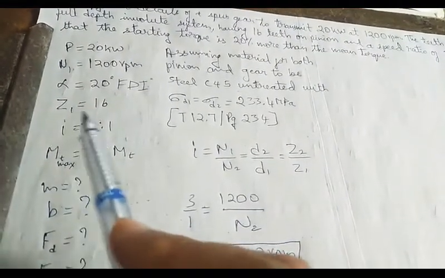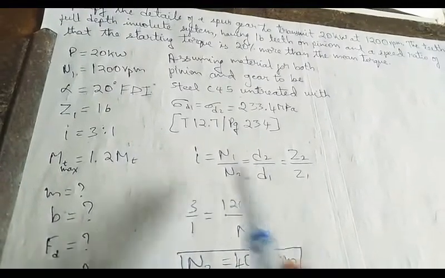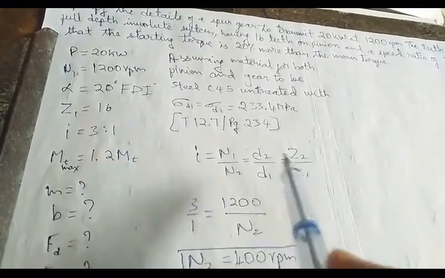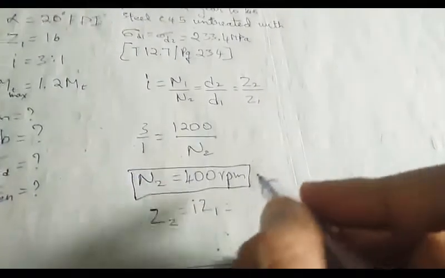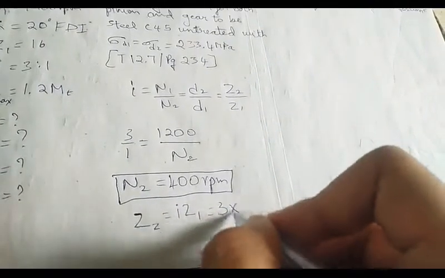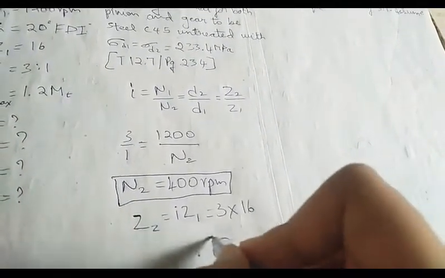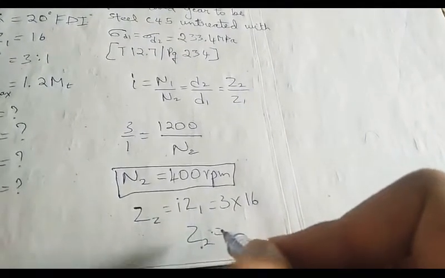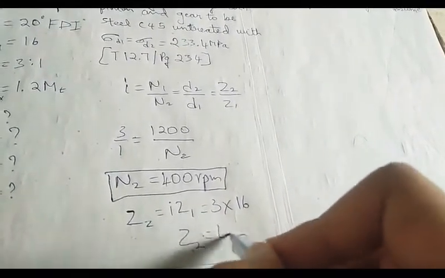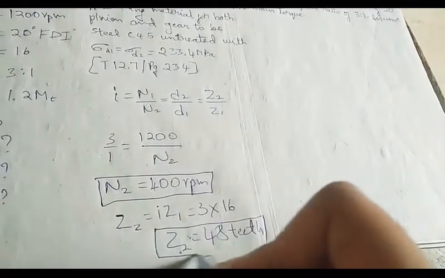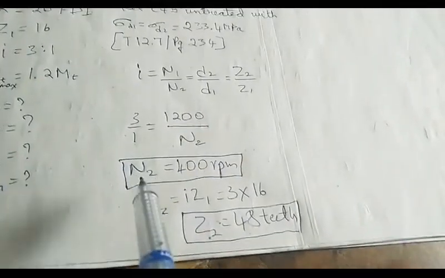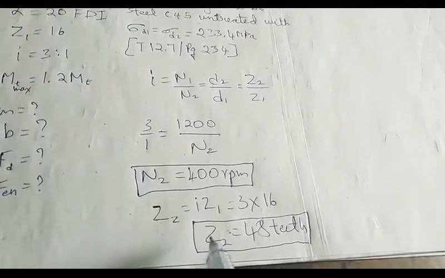They are given the value of z1, so with gear ratio 3 into 16, we will get the value of z2. We have found out the speed of gear, the number of teeth on gear, and we have assumed material. So now we shall find the weaker member.